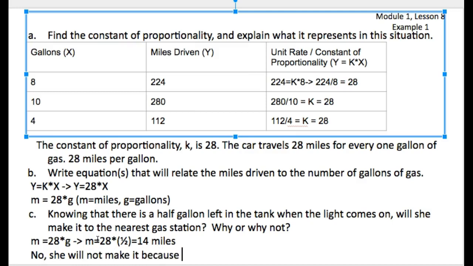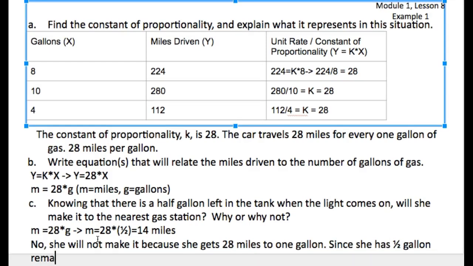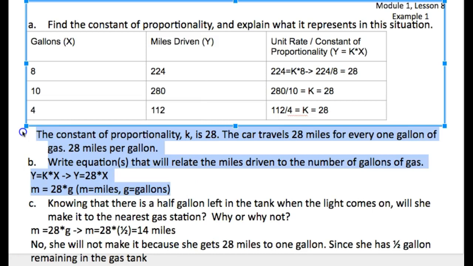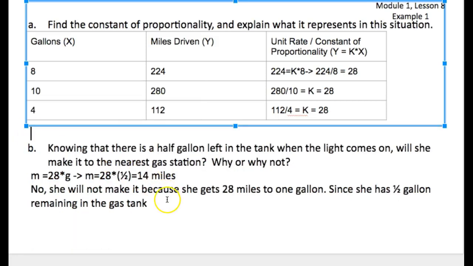because she gets 28 miles to 1 gallon. Since she has 1/2 gallon remaining in the gas tank, I'm going to go ahead and delete part B, just give us more space.